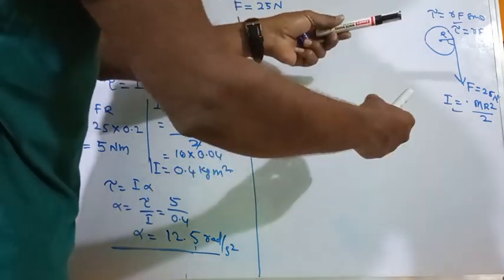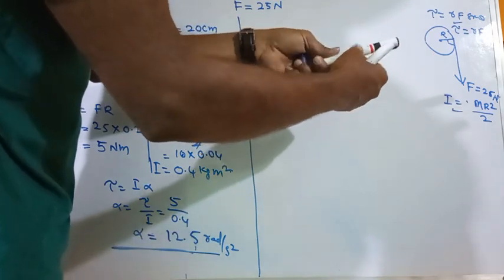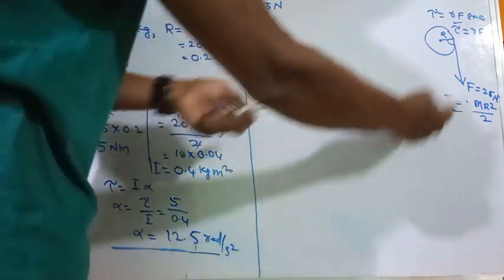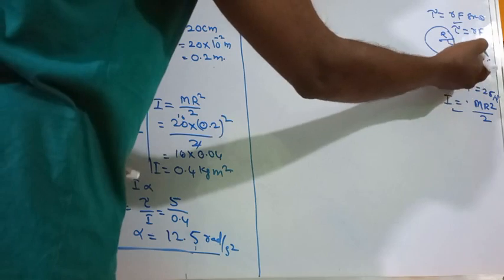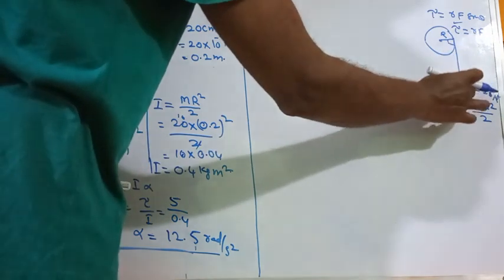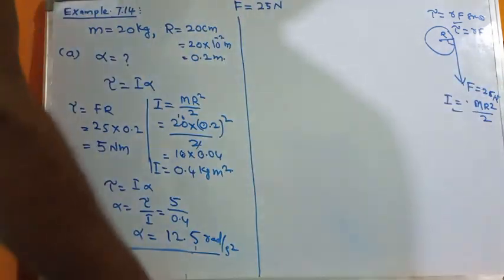After pulling with this 25 newtons, the flywheel is rotating, and the thread is opening up to 2 meters. Then what is the work done by that pull of 25 newtons?